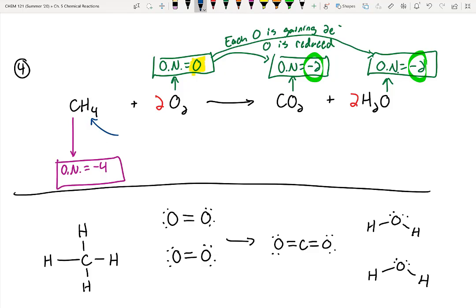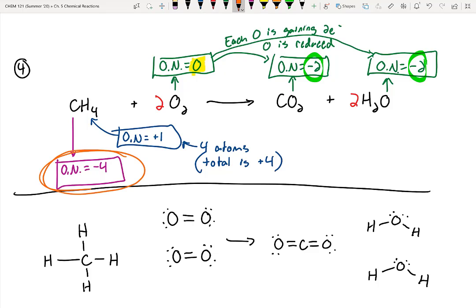Positive 1, sorry. Yeah, so for this one, it must be +1. However, we've got 4 atoms, which means that the total is +4, right? And then from that, the oxidation number of carbon must be -4 to cancel out and be neutral, right? So we have to make some simple math decisions from there. Does that make more sense?